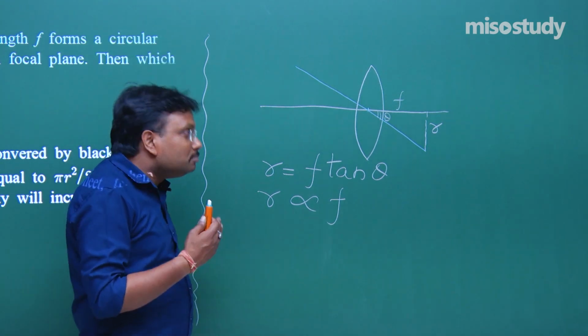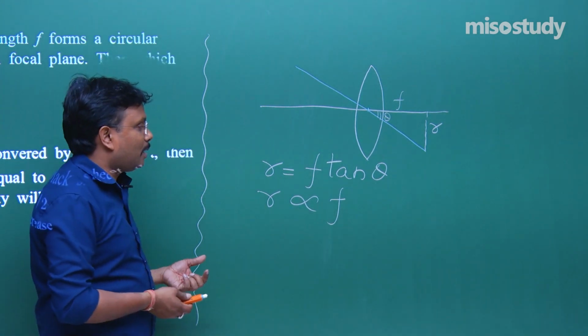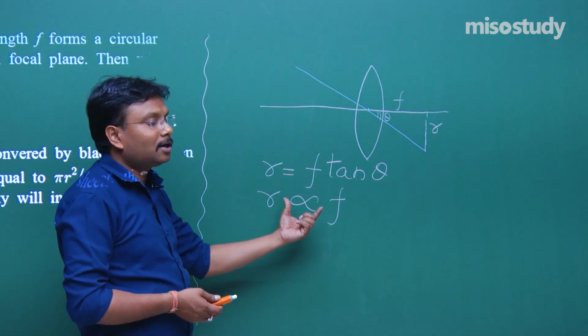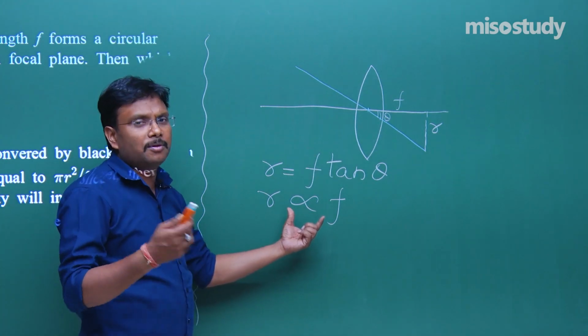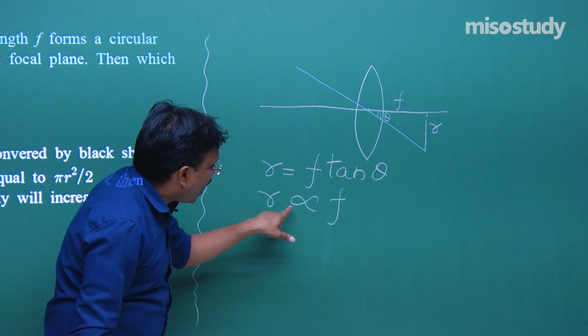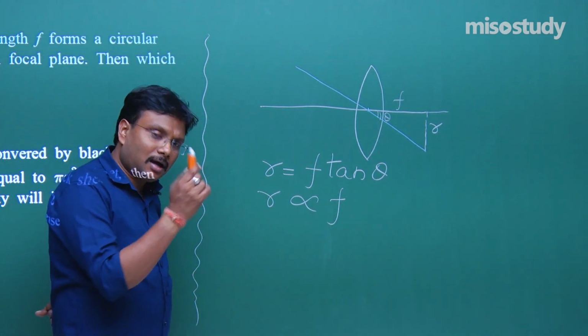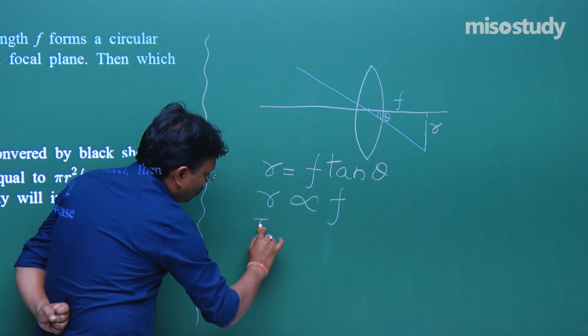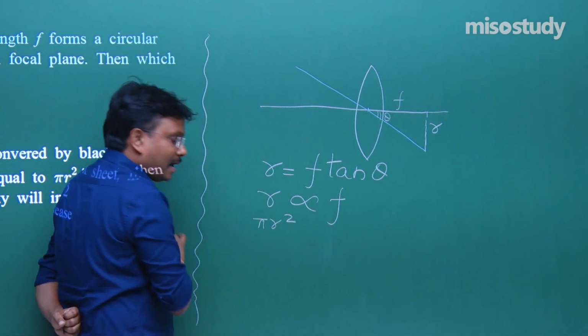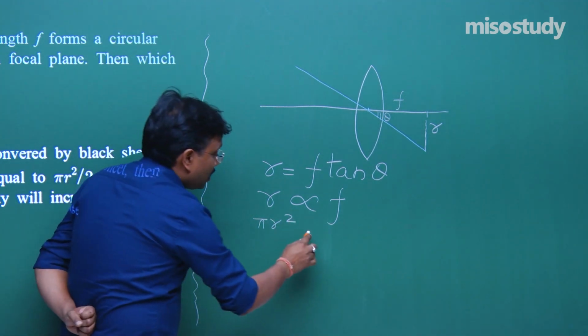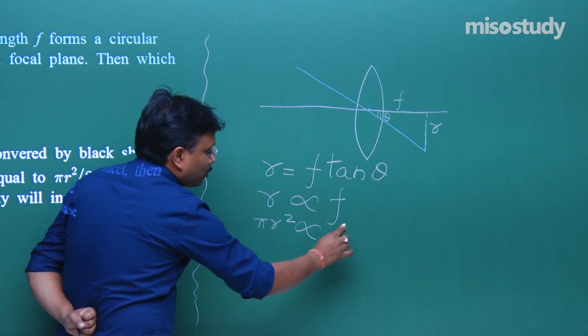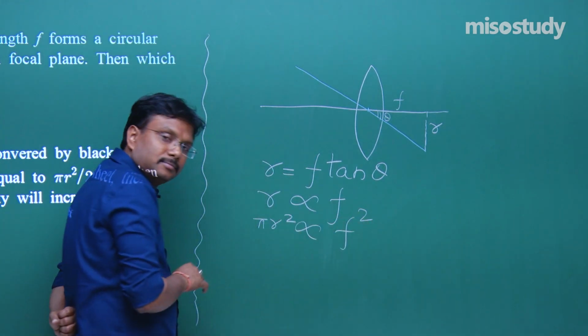So the way we are providing our videos, by working hard, definitely you will get a lot of benefits. So be regular with these videos. So r is directly proportional to f. What is the area? As I told you, pi r squared, so I will say it is directly proportional to f squared.